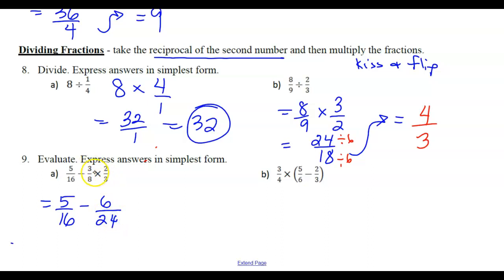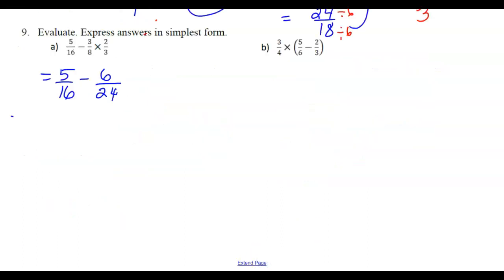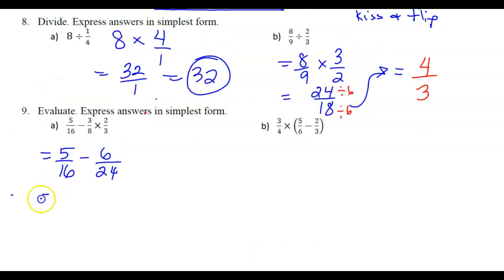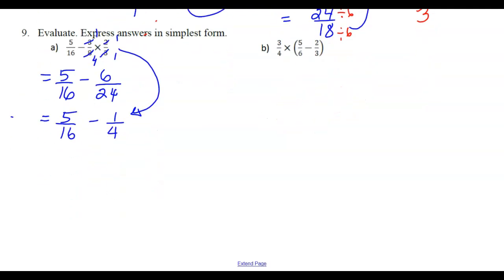Or you could reduce it right away if you see that you can. If you didn't notice that, then it just takes an extra step. That's going to be 1/4. So you may have gone right from there to there if you notice that the 3 is divided out and the 2 goes into 8 4 times. But for sure you have to show that step, and now you need a common denominator.